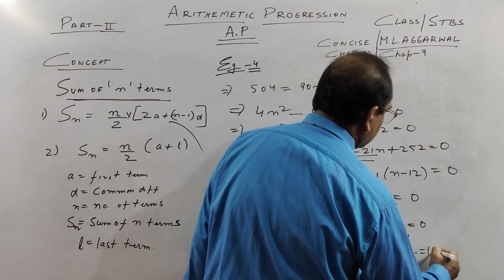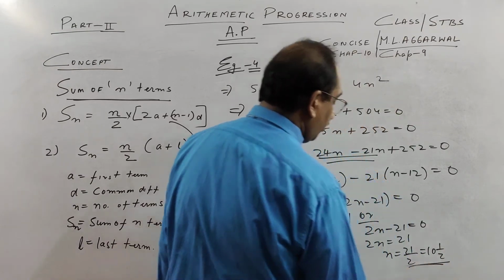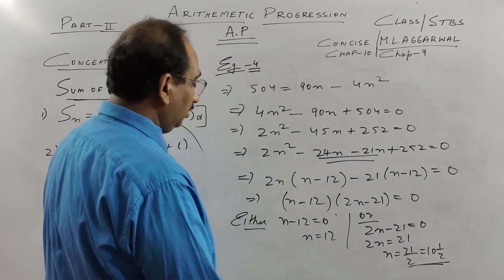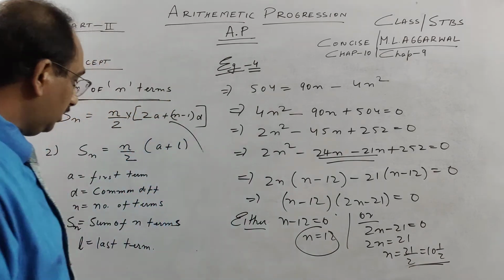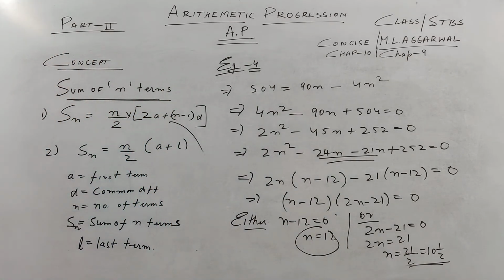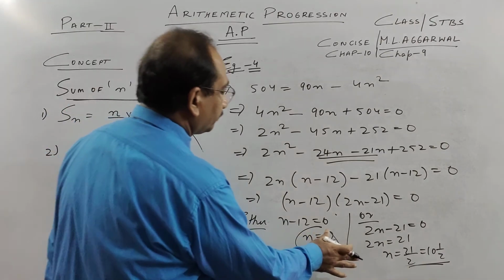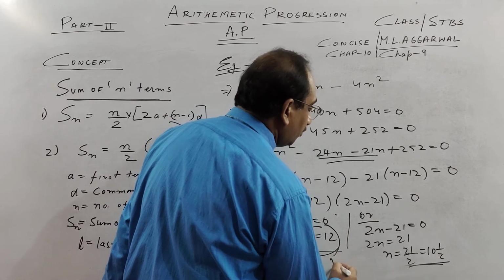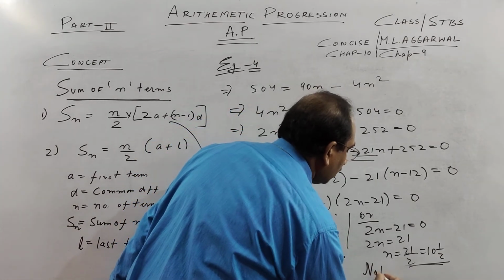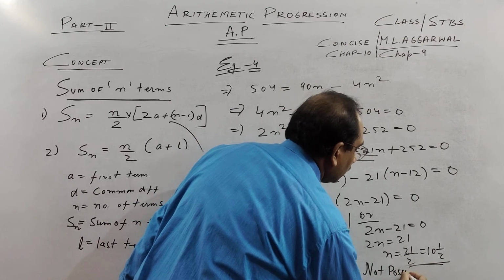This is a fraction, and the number of terms cannot be a fraction, children. So the number of terms is 12. The fraction 21 by 2 is not possible because the number of terms cannot be a fraction. So your answer is 12.